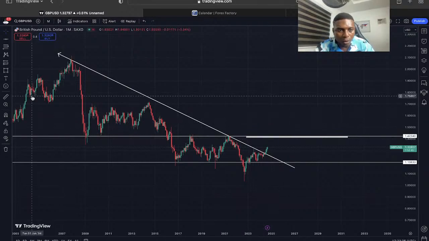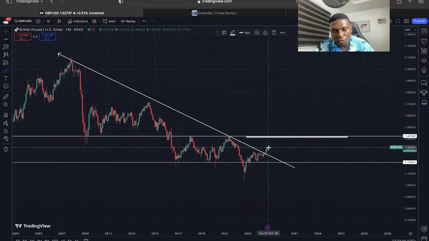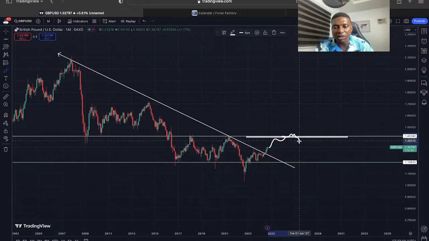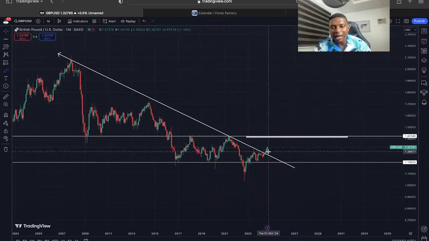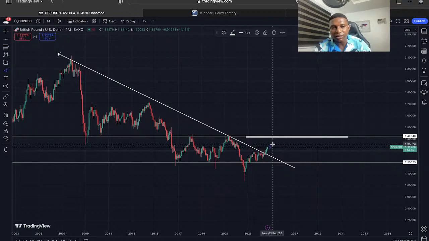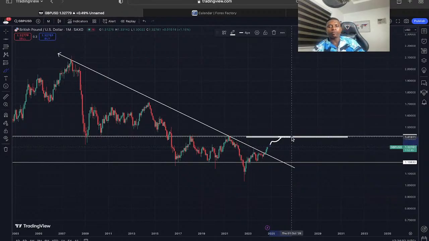What we might see from price is a movement like this, and then price consolidates here, a breakout happens, and it finds its way up. However, the higher chance is that price would touch this level.